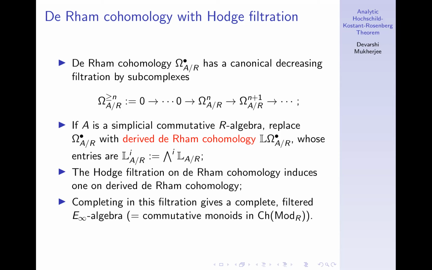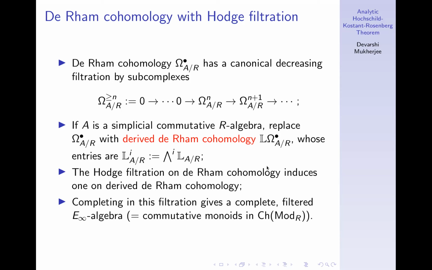This is done by taking Kan extensions of HKR differentials, and this gives you cotangent complexes or their derived exterior powers. So this defines derived de Rham cohomology, and this also inherits a filtration. The L's are simplicial objects. Yes. Okay.